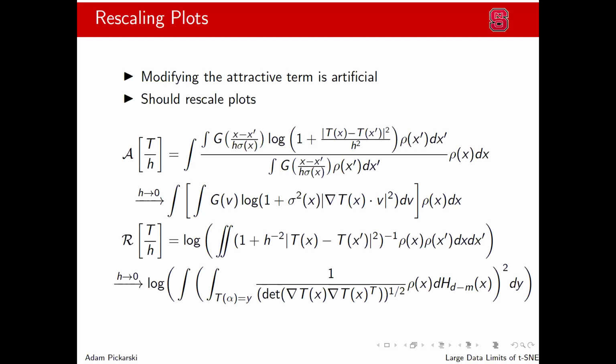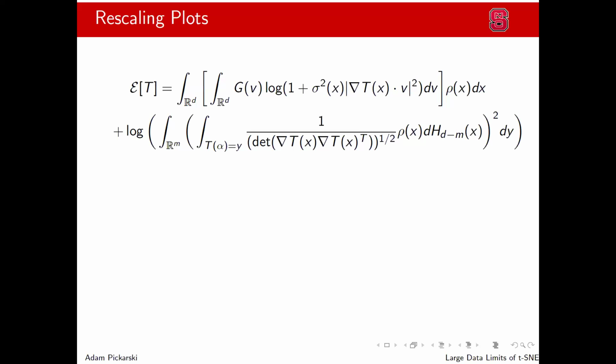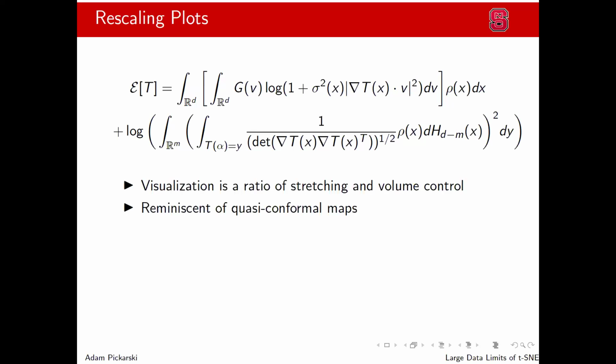And then using some co-area formula, you can turn it into this formula. And so the overall energy is like this. And if you want, you can pull this log back in and see this as a quotient of the sum of eigenvalues of the Jacobian of t divided by the determinant of the Jacobian.